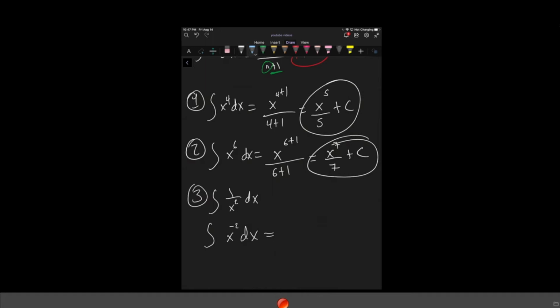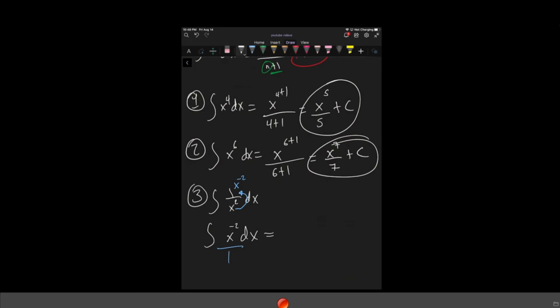Because if we move the x squared from the denominator to the numerator, we have to set our exponent as negative.